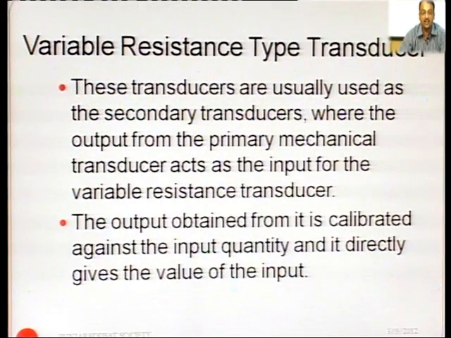These transducers are usually used as secondary transducers. This is a very important point. These variable resistance type transducers are generally used as secondary transducers where the output from the primary mechanical transducer acts as the input for them.